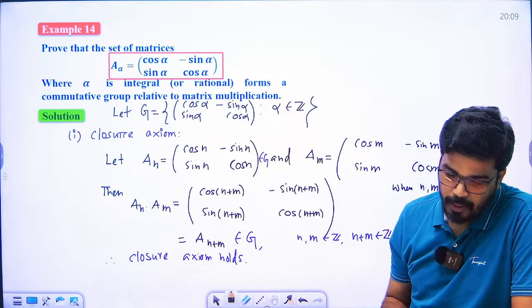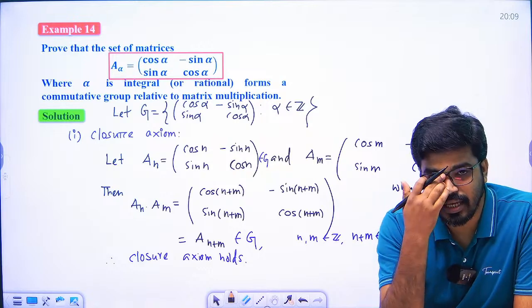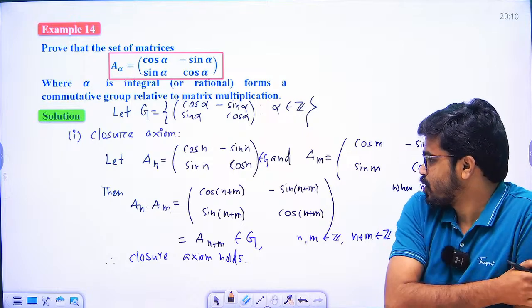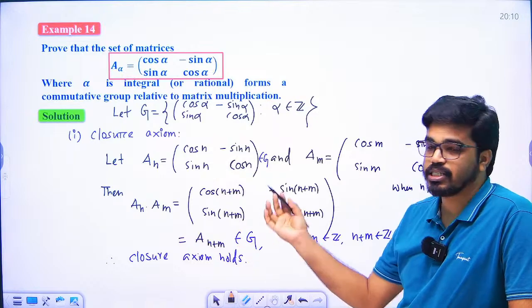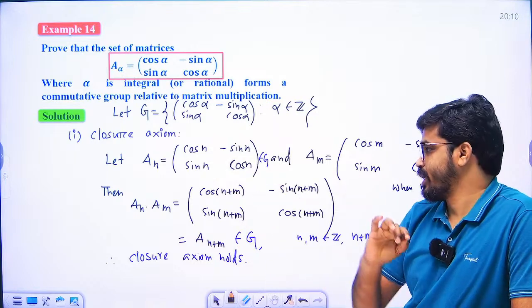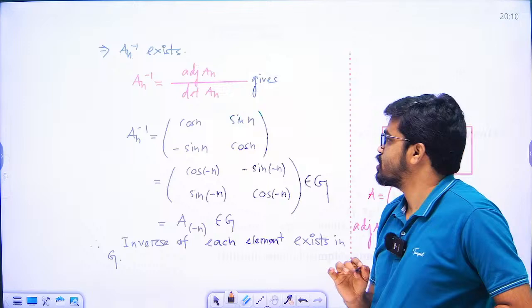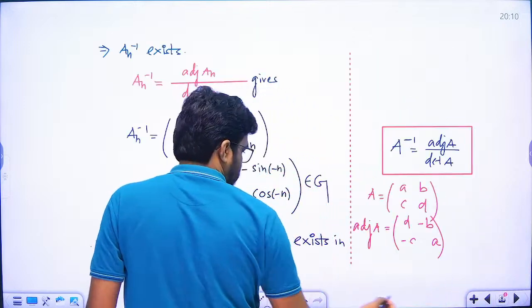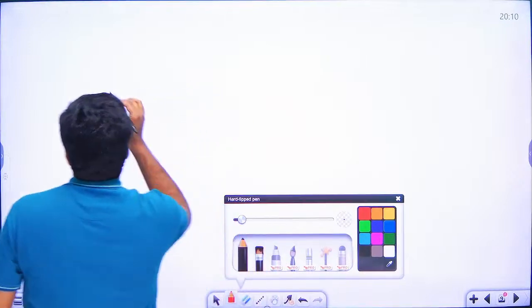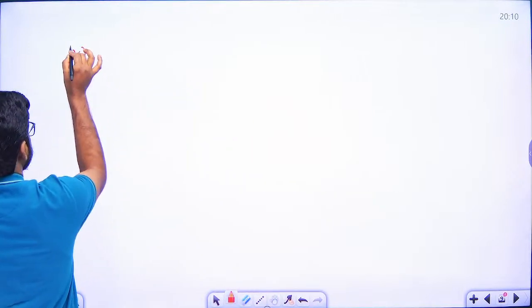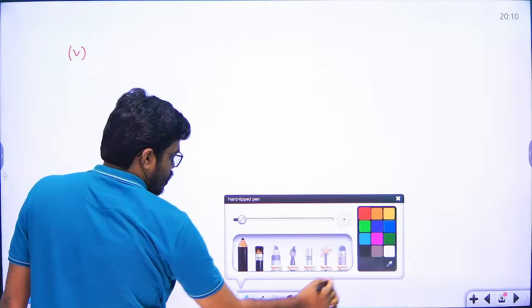Now we have to show that this is a commutative group, that is an dot am equals am dot an. Next, number 5, commutativity.